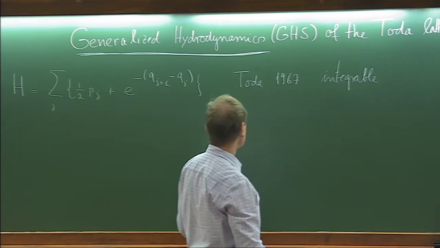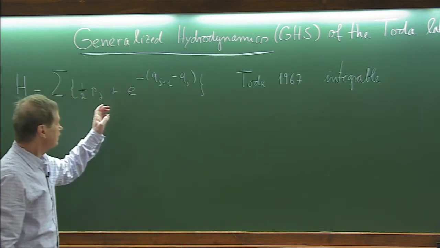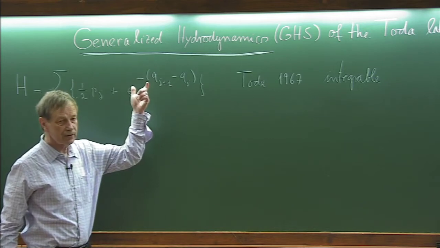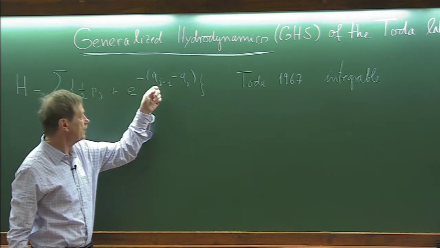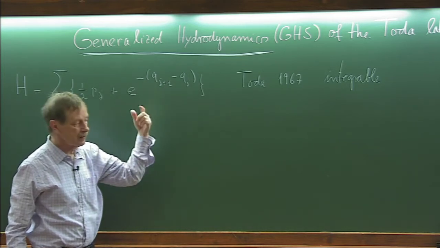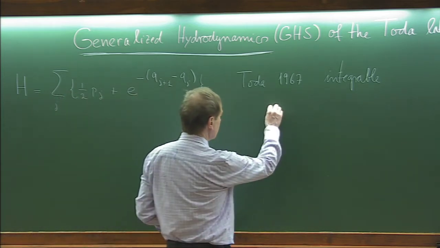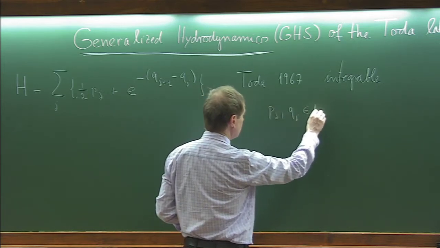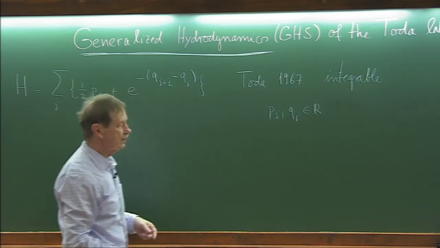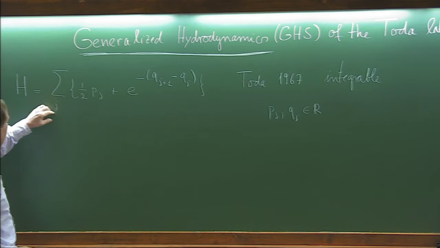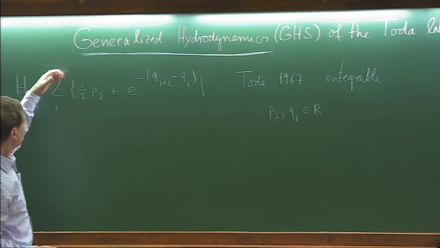Before continuing, I want to emphasize that it's really a lattice system. You see, what is interacting are the particles. So in particular, it's not permutation invariant under the labels. You have first labeled the particles, and then, with neighboring labels, the particles are interacting. But for me, the momenta and also the positions of the particles will always be in R. Of course, once in a while, one might have to do constructions where, rather than looking at the infinite lattice, which I indicated over here, I somehow have to take some finite volume.